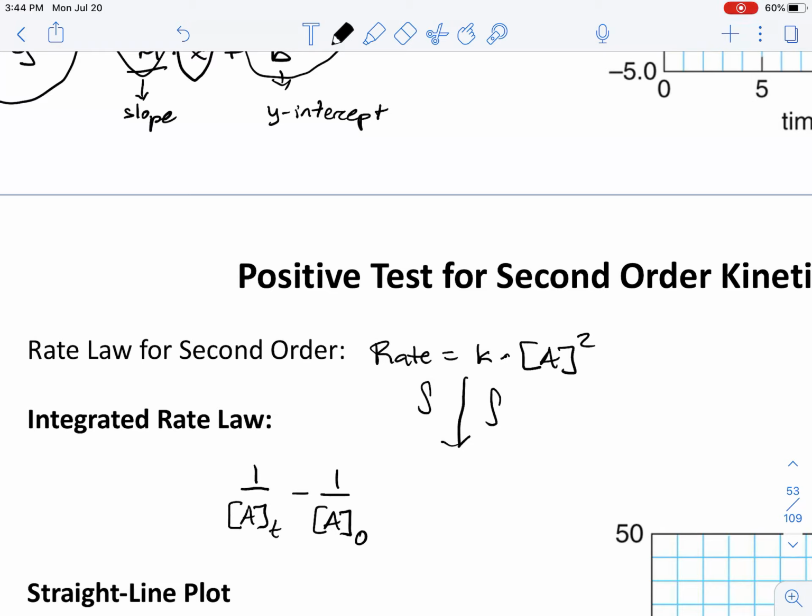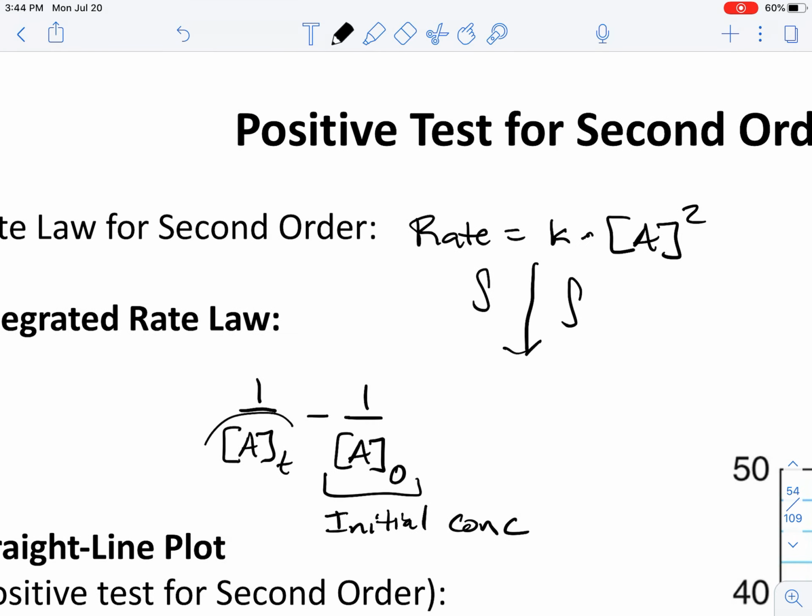So basically this is representing the initial concentration, and A sub t is representing the concentration at any given period of time. And all of this is going to equal positive kt, the positive rate constant k times t or time.